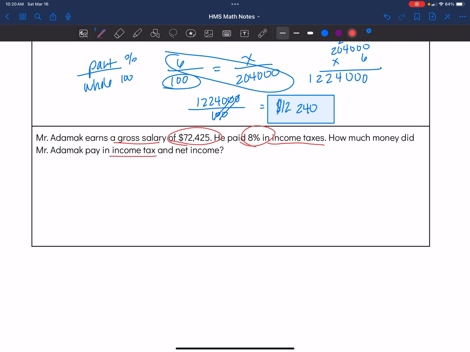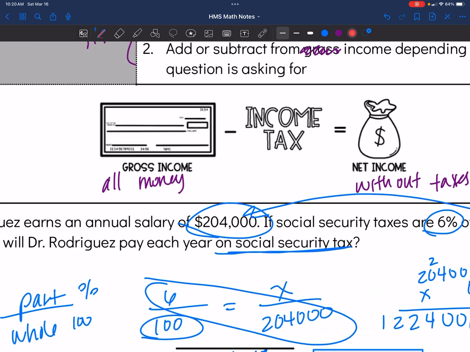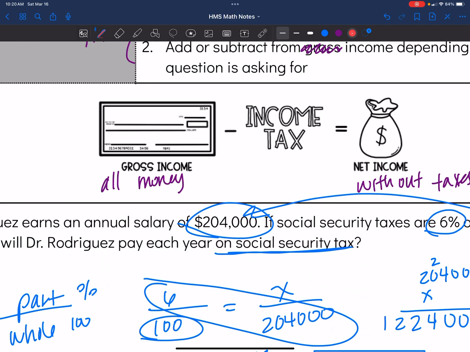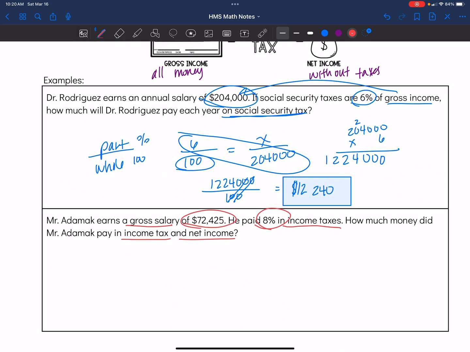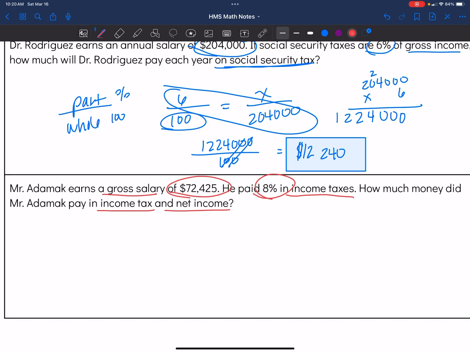So I need to find the tax and then subtract to find the net, because gross minus income tax equals my net income. Let's set up a proportion. We're doing part over whole, so percent out of 100. 8 out of 100 equals what out of 72,425? So I am going to cross multiply and divide.